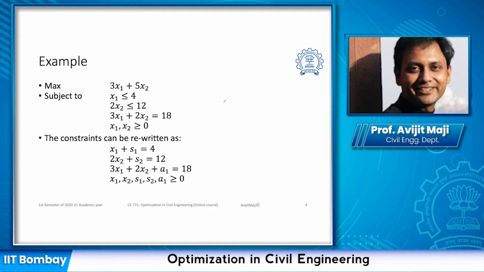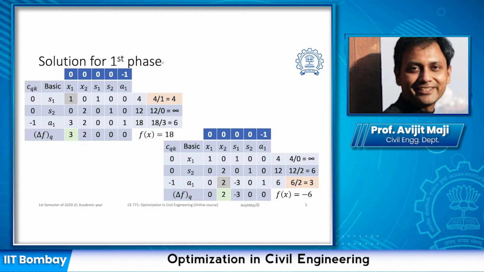So in this particular example, we have one equality constraint which is shown here, and once we rewrite these constraints, we can introduce the artificial variable a1 in that particular constraint and represent the constraints as shown here. With this revised formulation, we can represent the tableau with the help of the two phase.